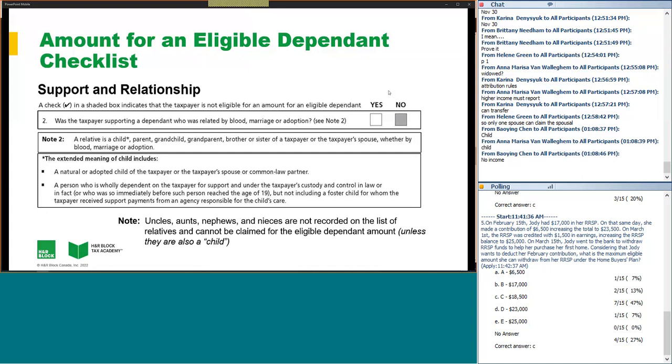Think about Adam and Bob. Remember Adam and Bob? Adam was 22. He moved in with Bob because he was developmentally impaired and had to have some assistance, and Bob supported him financially. Would Bob be able to claim Adam as an eligible dependent?